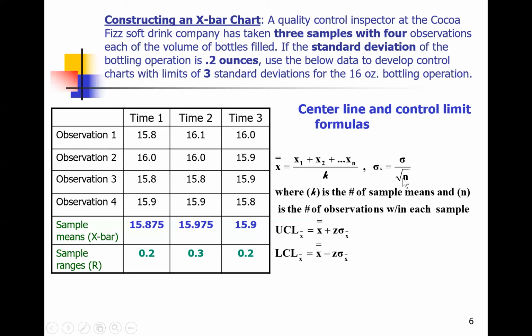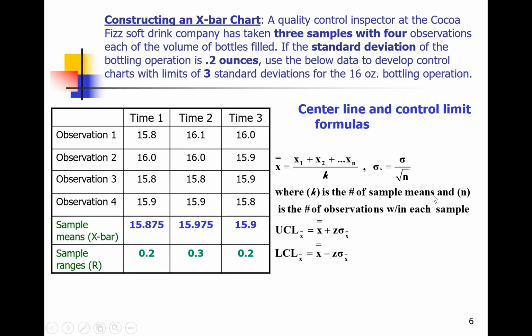So here they say that the number of samples is n, 1, 2, 3. The value of n is 3 and the value of k is 4.